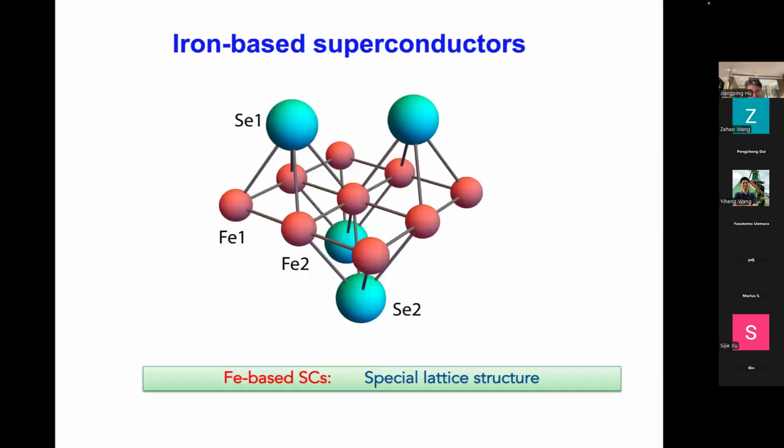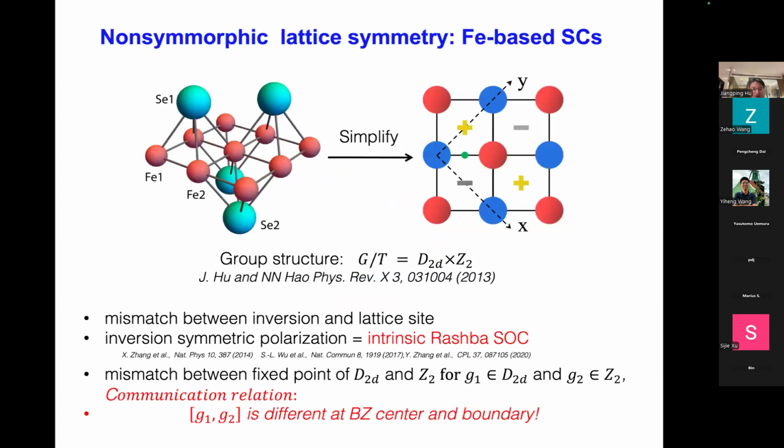But this actually does not apply to iron-based superconductors. Iron-based superconductors have a very interesting structure: half of the arsenic or selenium on top, half on the bottom. So the lattice symmetry is nonsymmorphic, which is a very interesting feature. This nonsymmorphic lattice structure created something new.